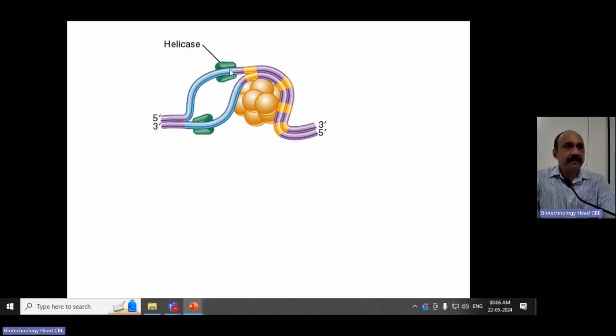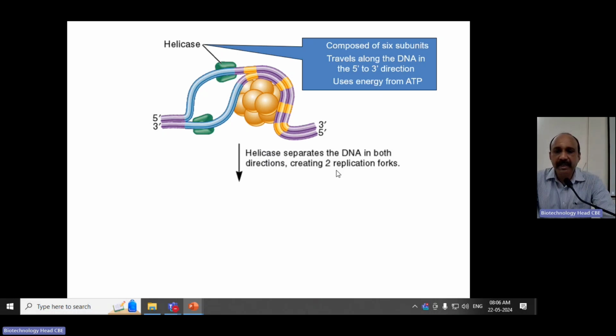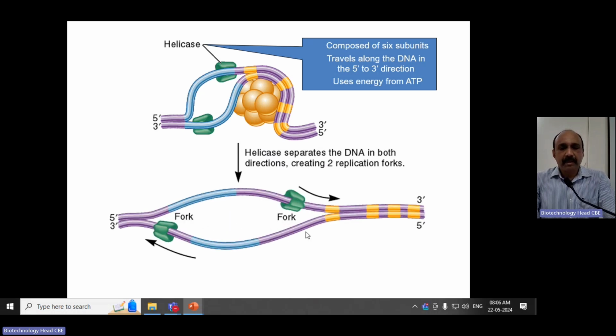So this DnaB helicase will start breaking the hydrogen bonds and separates the two DNA strands, which eventually forms the replication fork. This helicase is composed of 6 subunits, it travels along the DNA in the 5' to 3' direction, and it uses the energy from ATP. This helicase separates the DNA in both directions, creating 2 replication forks, one here and the other one on this side.